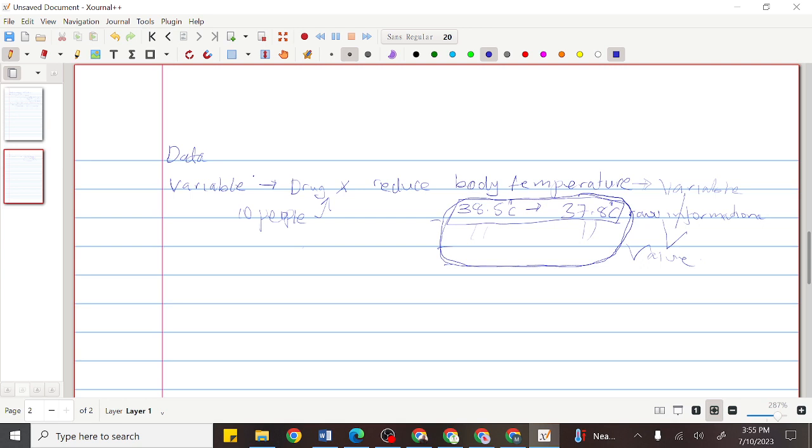Now, the data that we can collect can be categorized in different ways. Often you have heard of these two broad categories, the two categories of data.